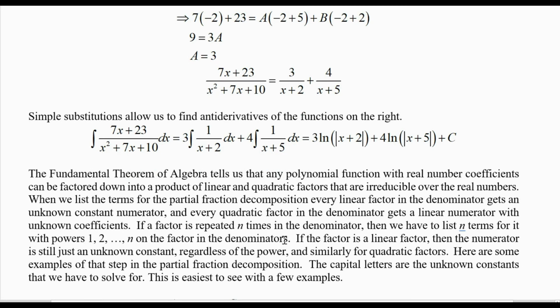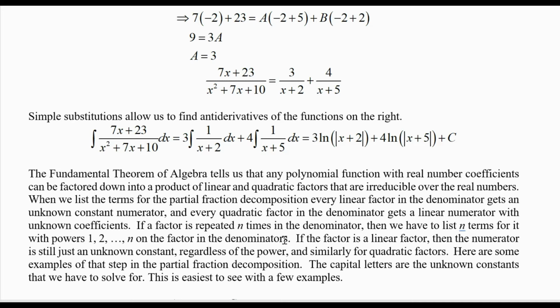Now, the fundamental theorem of algebra, one version of it, tells us that any polynomial function with real number coefficients can be factored down into a product of linear and quadratic factors that are irreducible over the real numbers. If we can find these factors, that's sometimes easier said than done, but if we can find them, when we list the terms for the partial fraction decomposition, every one of those linear factors in the denominator gets an unknown constant numerator, and every quadratic factor in the denominator gets a linear numerator with unknown coefficients.